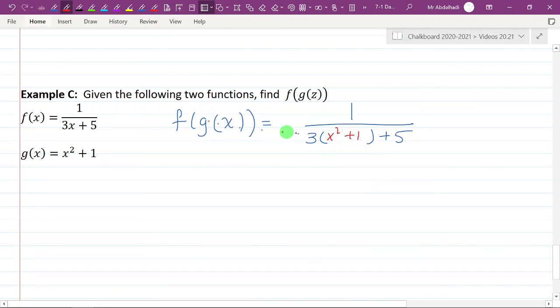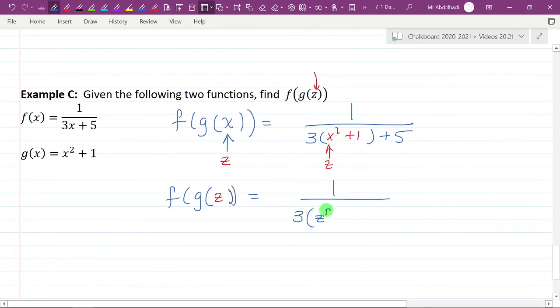But now we want to, instead of simplifying this, just plug in this thing, z. Wherever you see an x, change it to a z. That's all you're doing. You're just plugging in a z. So what's f of g of z? It's simply, well, this x squared becomes a z squared plus 1 plus 5.